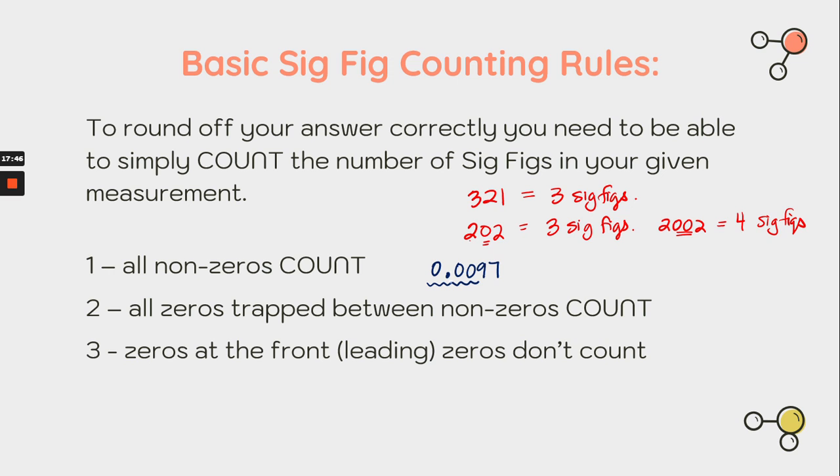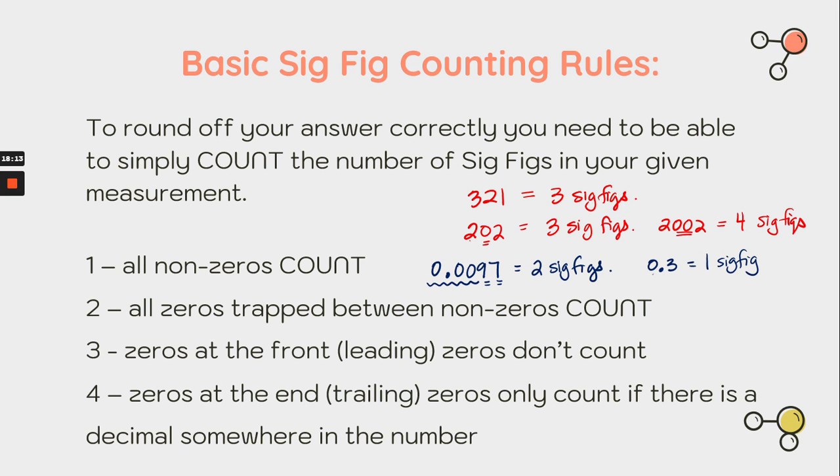So these don't count towards our significant figure total. Only the 9 and the 7 count. So we would call this 2 sig figs. If I had 0.3, that's a leading zero, right? It doesn't really make a difference here. That would be 1 sig fig. So pretty straightforward. Leading zeros don't count.